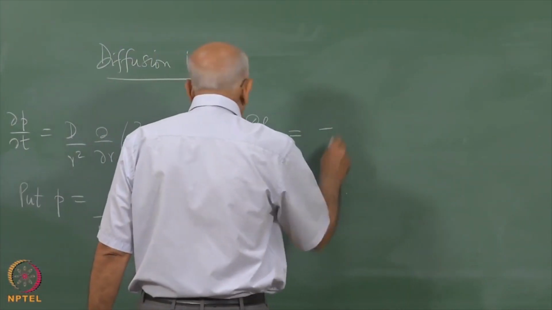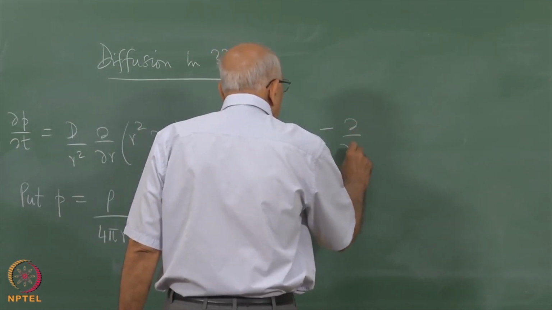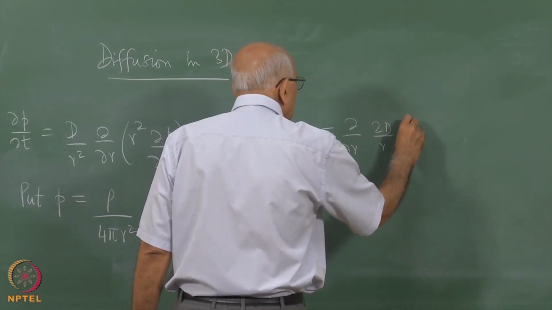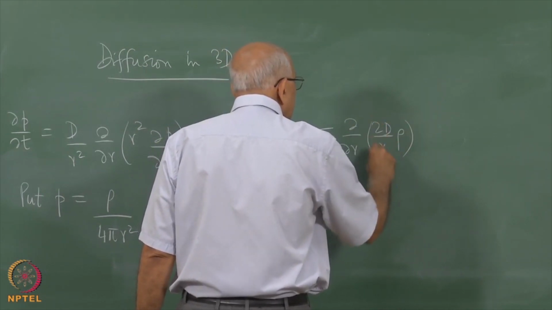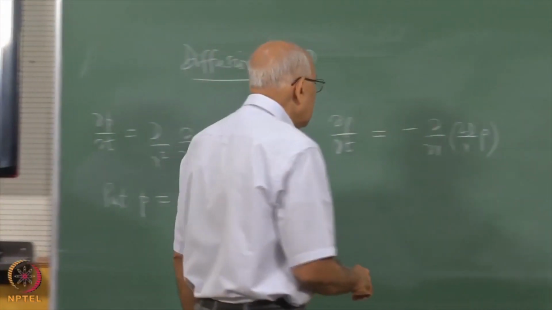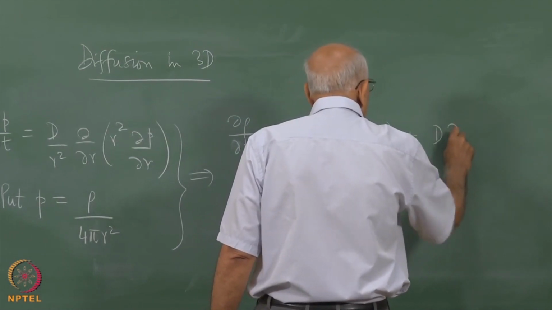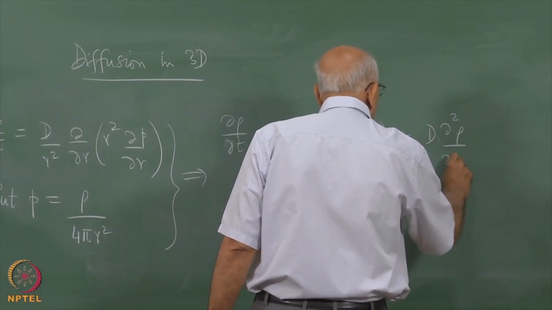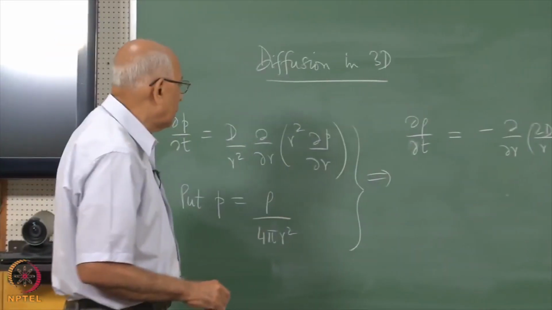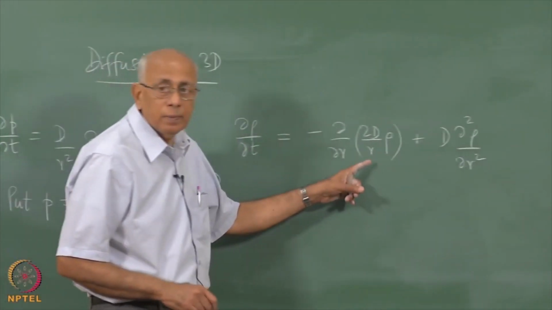It becomes minus, and in this case I know the answer, delta over delta r of 2D over r times rho, plus D times delta squared rho over delta r squared. Check this out, I am not 100% sure, but I believe it is correct. Whatever it is, this term is crucial.